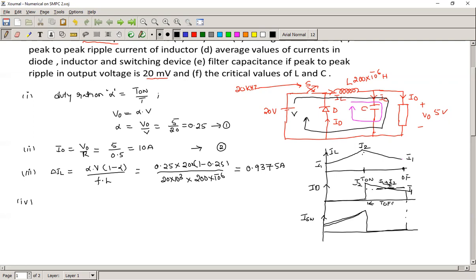Now this area divided by the total time period gives the diode average current.